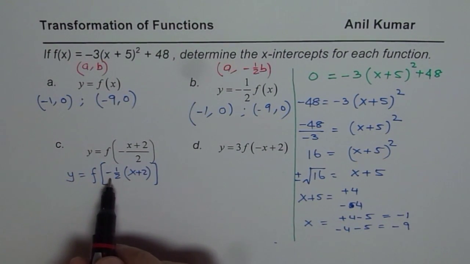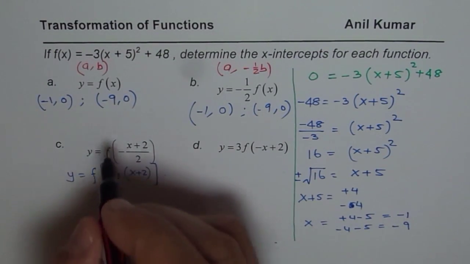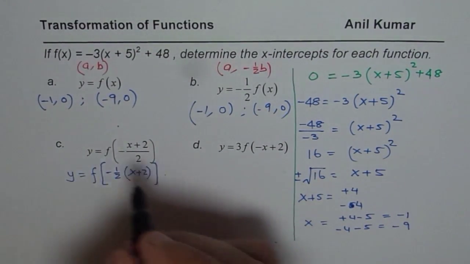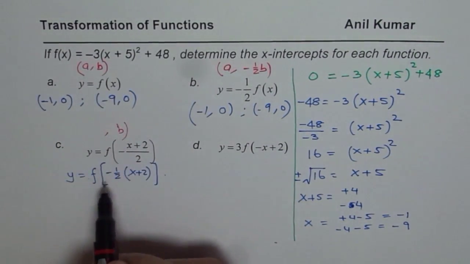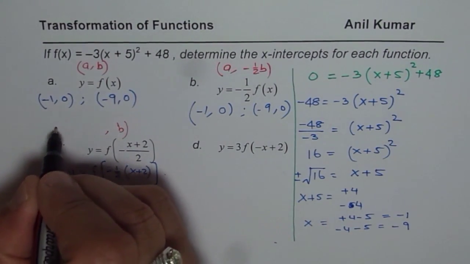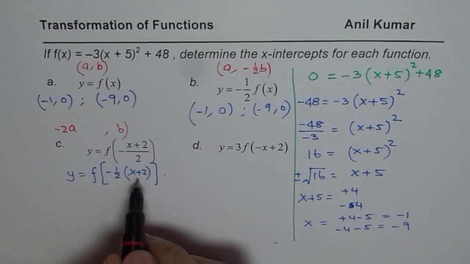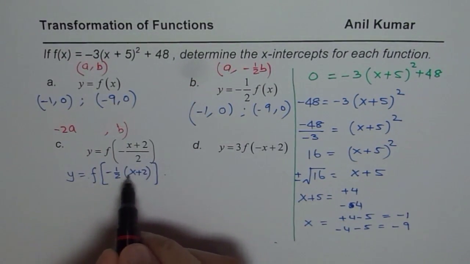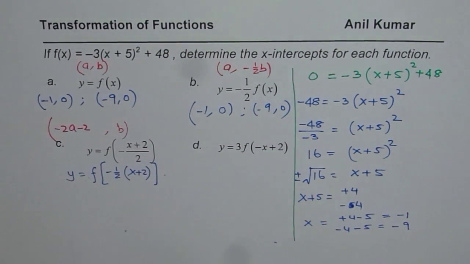As far as y is concerned, there is no change. For x, they get multiplied by minus 2, so we get minus 2 times the original value of a, and plus 2 means moving left by 2 units, that means minus 2 again. So that gives me the x coordinate point.